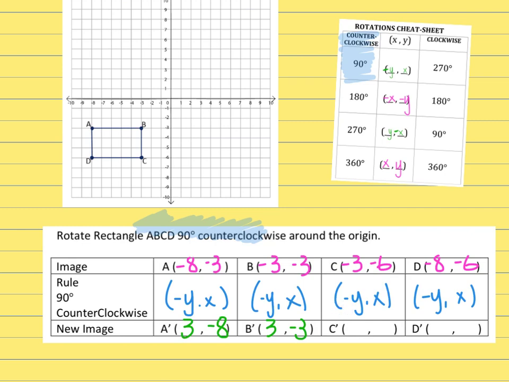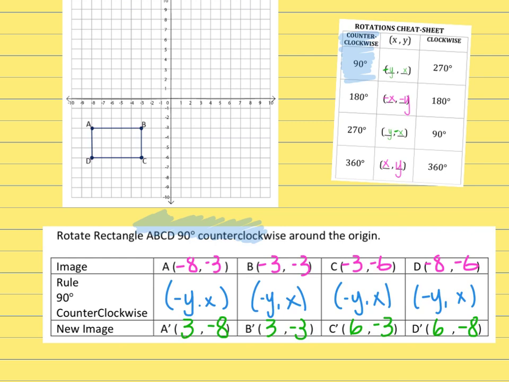Now it's +6. X value was -3 and it goes to the back and stays the same, so -3. And then coordinate D, -6 was also the Y, moved to the front and became the opposite, +6. And -8 scoots to the back and stays the same.